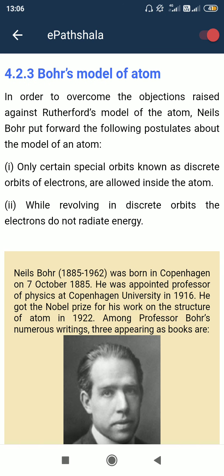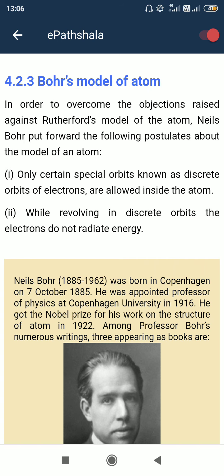According to Bohr's model of atom, electrons are moving around the nucleus, but in a specific radius and with a specific energy. It has only specific energy. It cannot have any amount of energy. That's the main basis of Bohr's model.